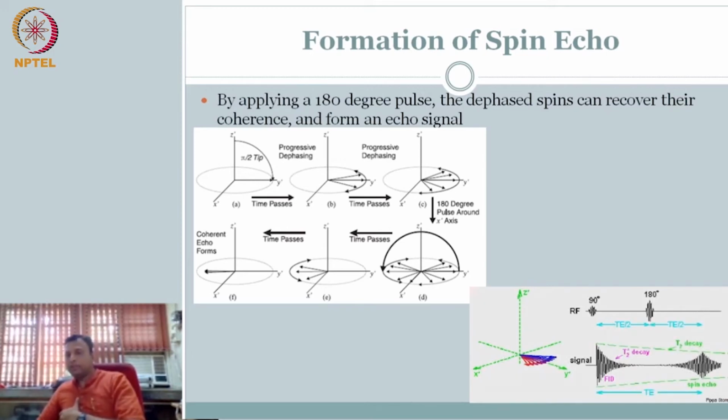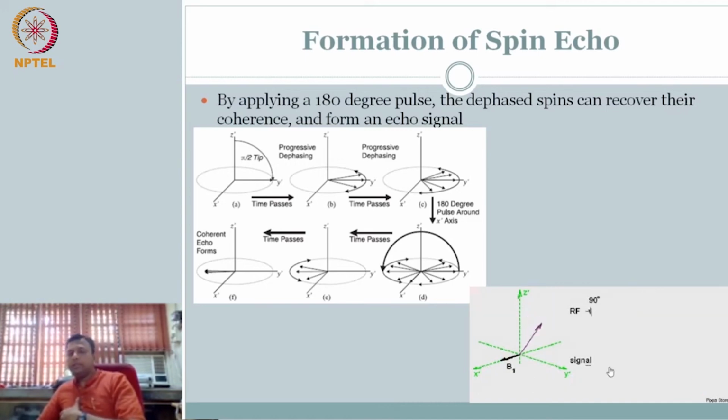So again, this will start to decay. This is the signal, and what you are going to get is an echo of the signal. So you apply 180 degree, you get an echo of the signal.